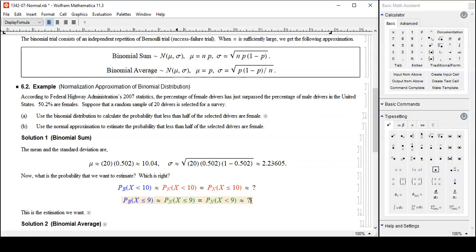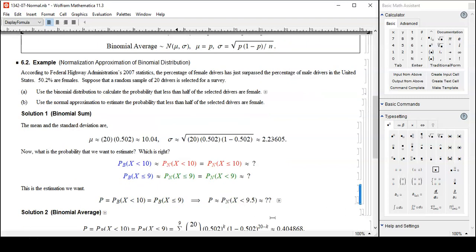Use your common sense. I'm going to take 9.5. That's what you want to do. So precisely 9 people versus precisely 10 people. If you simply cut through 10, that means you're cutting through a 10th person. You cannot divide a person into 2. I mean, if it is a continuous random variable, you can cut it anywhere.